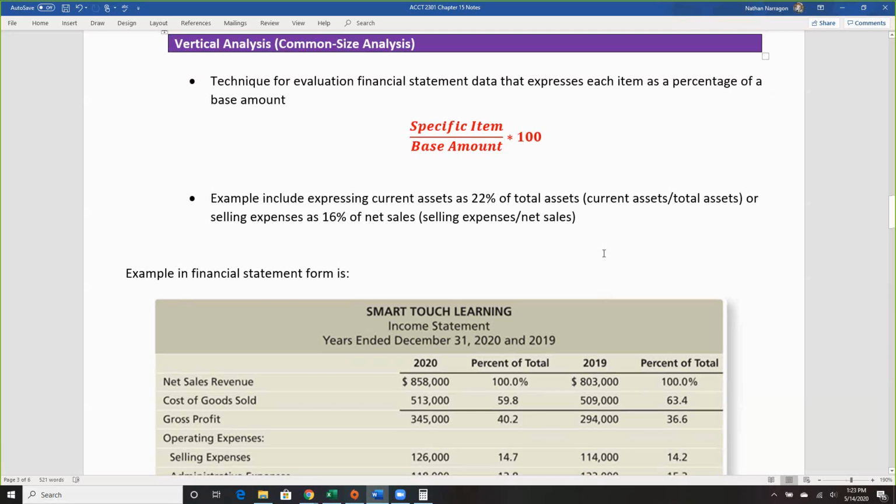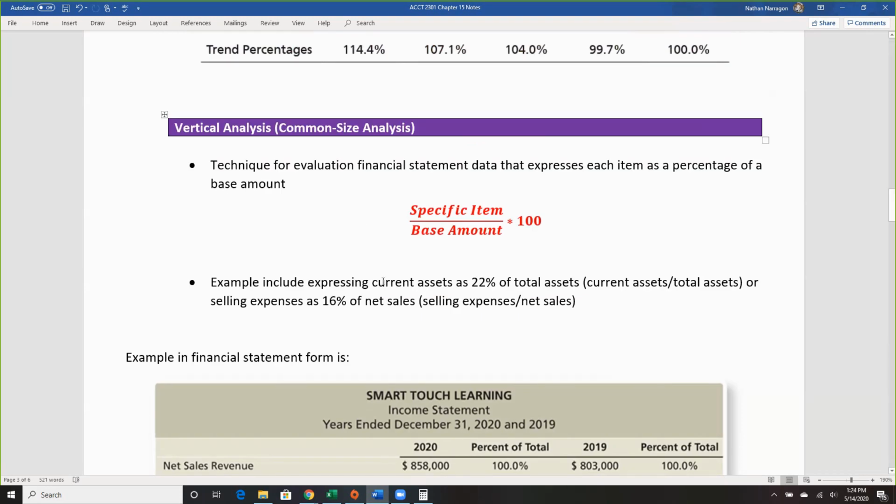And there's pretty much a reason for that, and that is because vertical analysis starts to take out the dollar amounts. It's really more of a percentage of the total. So, it is a technique for evaluating financial statement data that expresses everything as a percentage.